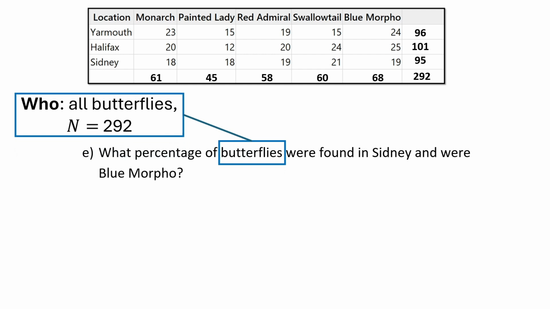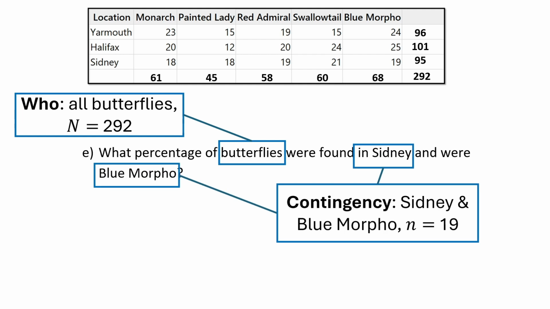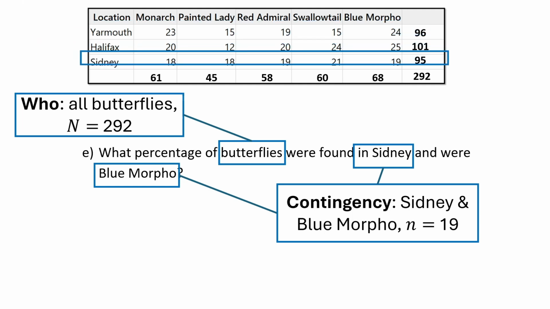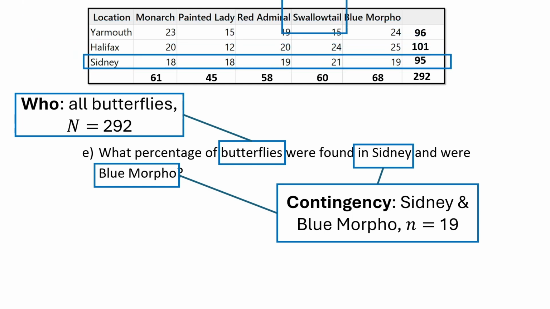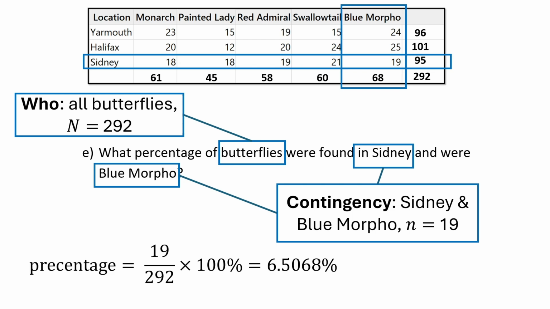And so here, we're still looking at what percentage of butterflies, so all butterflies. But in this case, we have a contingency. We want butterflies that are in Sydney and are blue morpho. So we need to look at the intersection between the row for Sydney and the column for blue morpho. It's 19 out of 292. That gives us our percentage.